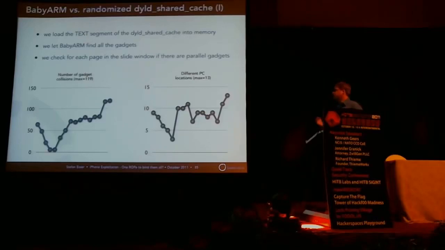But the problem is, while it's 119, which would be very nice, like 4,200 by 119 is a far better chance than for the dynamic linker, when you look at the different program counter locations that are taken, in the very best cases only 30 of these 119 are different program counters.